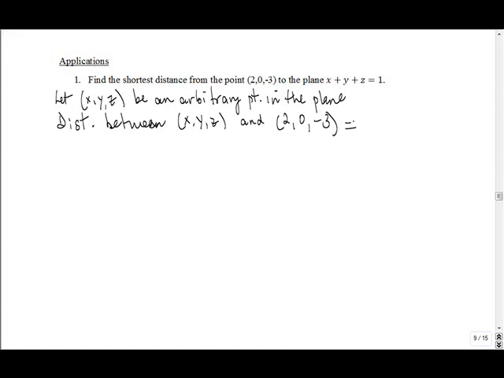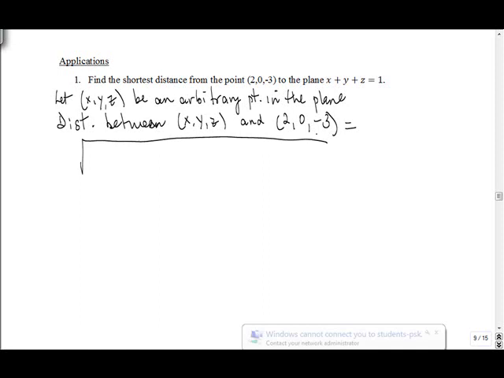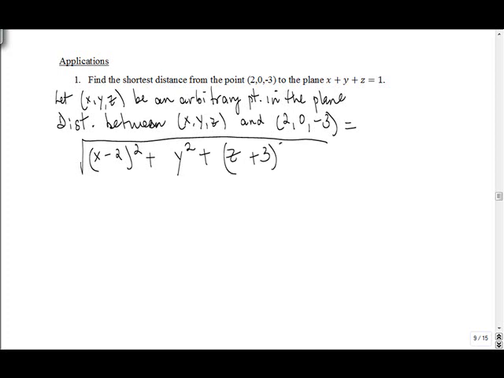I hope you remember how to find the distance between 2 points. It will be the square root of the sum of squares of the differences between the numbers. So that would be the square root of x minus 2 squared plus y minus 0 squared plus z minus negative 3, or z plus 3, squared.